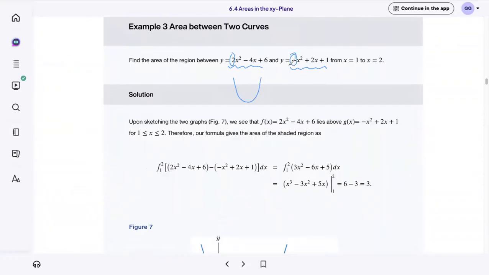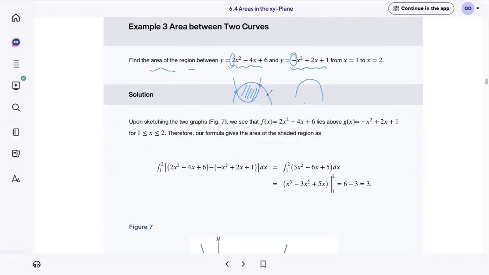Negative leading coefficient, we know that's a downward parabola. So we want to find an area region between those two. Which means those two somewhere, somehow, intersect, then they form the region. So we want to find the area of the region between those two curves.